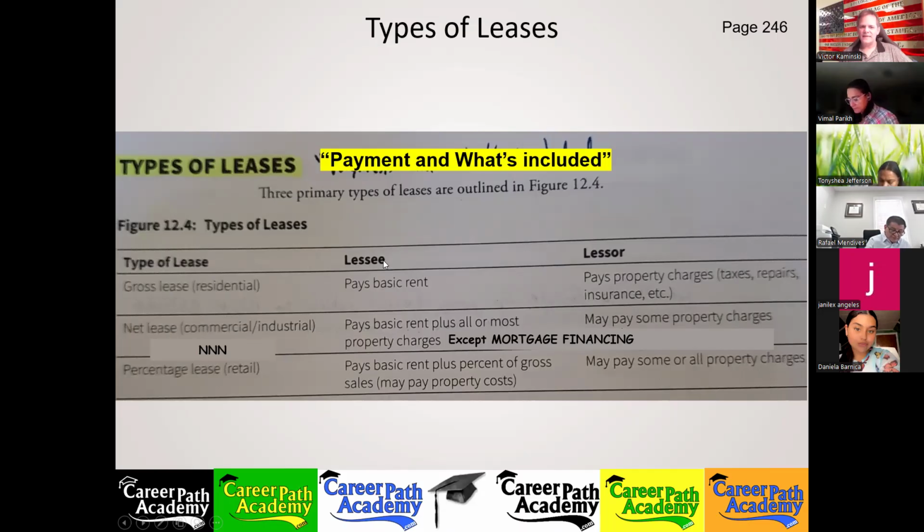The lessee, the tenant, pays the basic rent plus all or most of the property charges, except mortgage financing. And the lessor, the landlord, pays some property charges, like the mortgage.